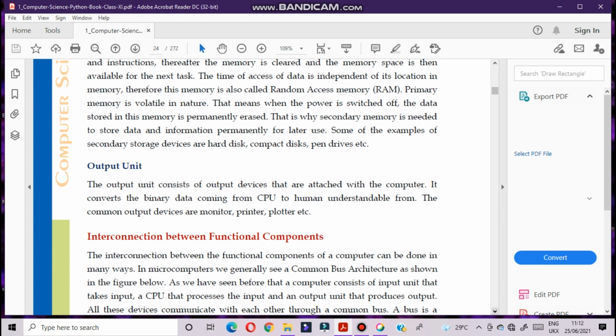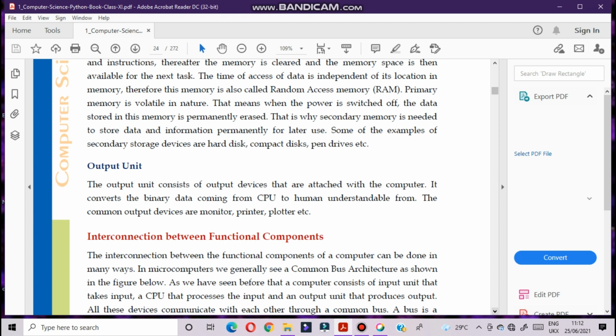Here I am going to explain it again. When data or input is given by the user using an input device, it goes to the CPU and is processed. When it goes into the CPU, it converts high level language into binary or machine level language, isn't it?